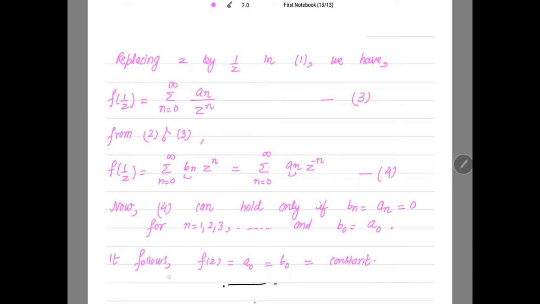So it follows that this function f(z) is equal to a_0, which is equal to b_0, which is a constant. a_0 and b_0 can be any constant, right? So finally it has been proved that a function which has no singularity in the finite part of the plane or at infinity is a constant function, right?